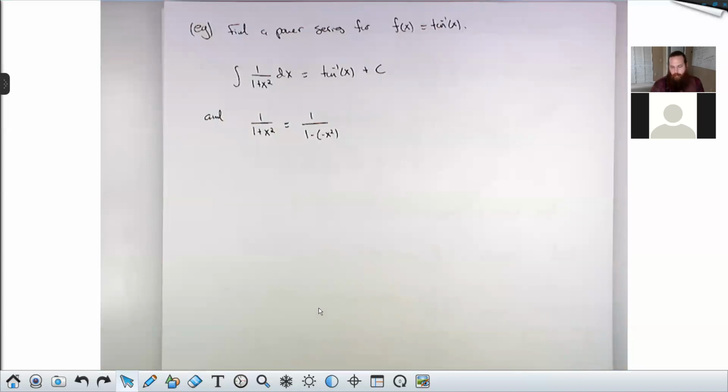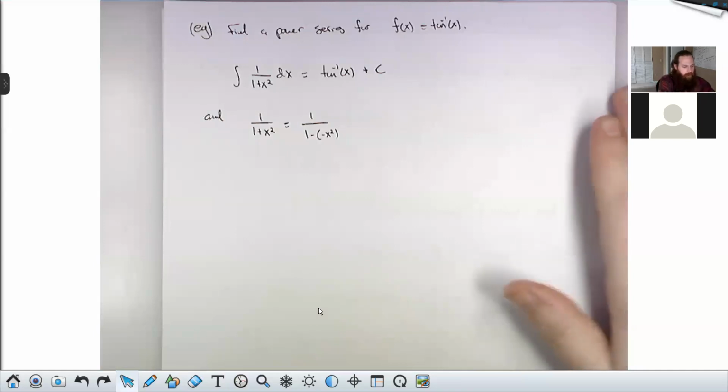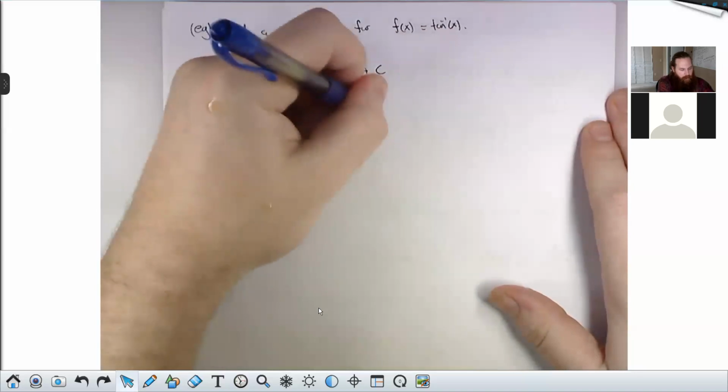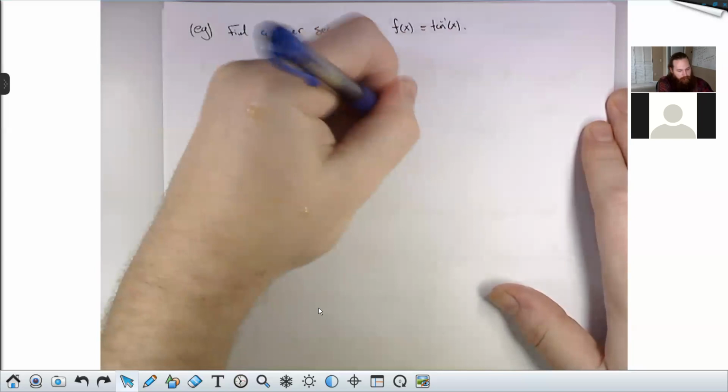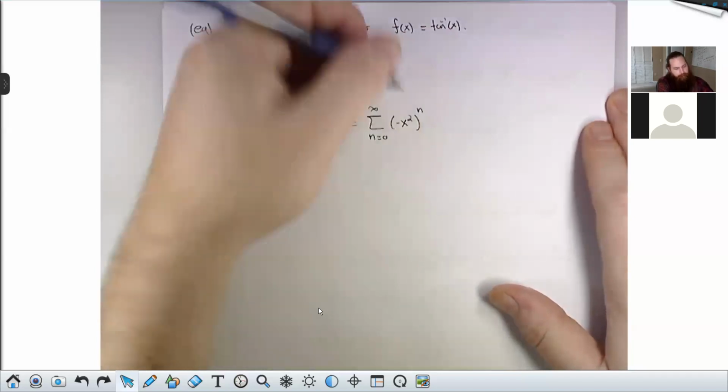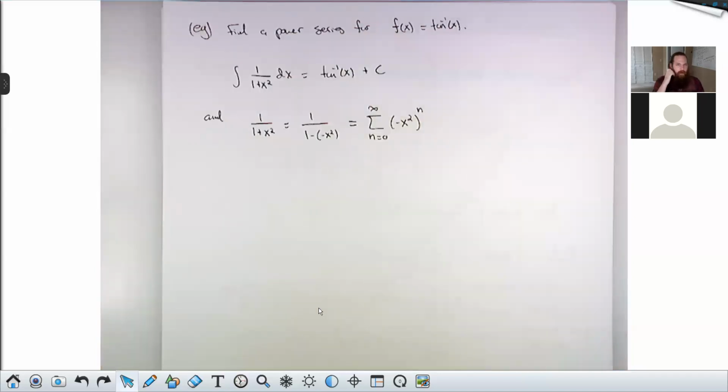If you put the square on the outside of the paren, it's wrong. So now, according to my geometric series trick, this is 1 over 1 minus r, where r is negative x squared. So what I'm going to do to get arctan is integrate this series. This series is equal to 1 over 1 plus x squared, and the integral of 1 over 1 plus x squared is arctan.